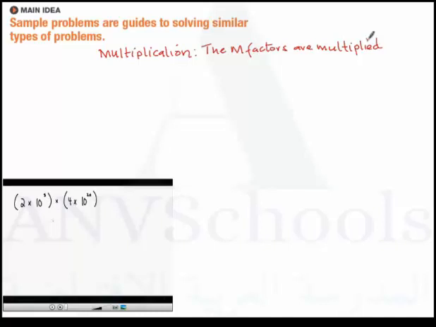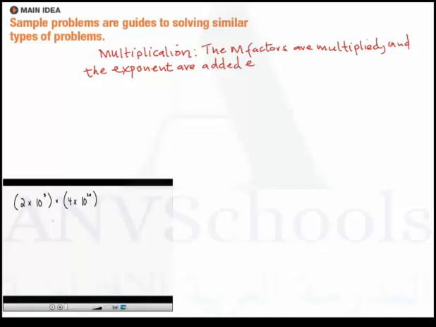The m factors are multiplied, and the exponents are added algebraically.